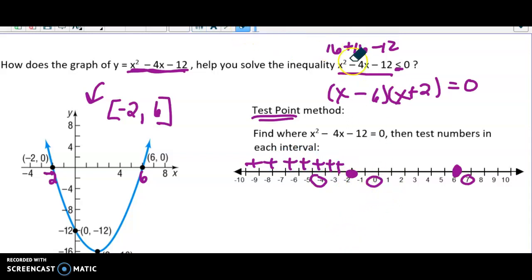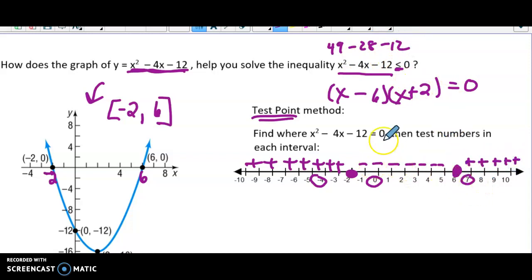When I put 0 in, 0 squared minus 0 is 0, minus 12 is negative 12. So in between, I'm at negative. When I put 7 in, 7 squared is 49, minus 28, minus 12. Those are positive. That's a positive answer.